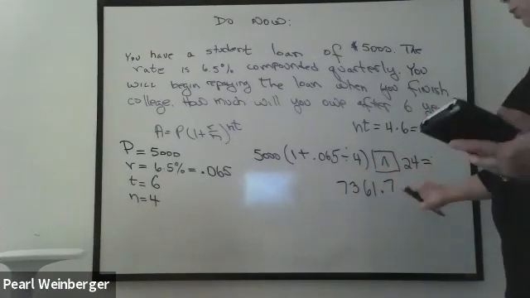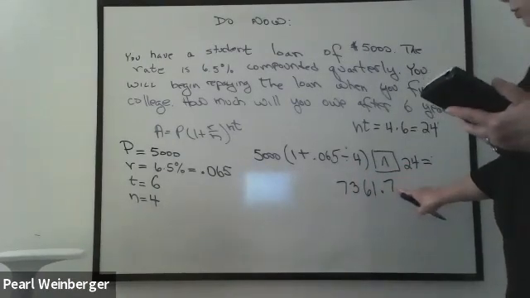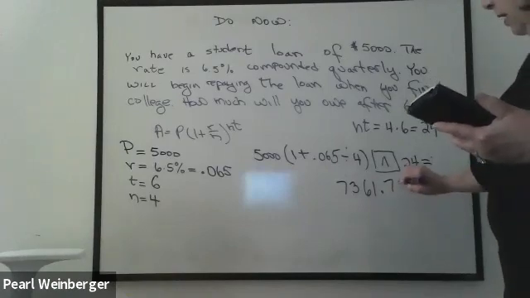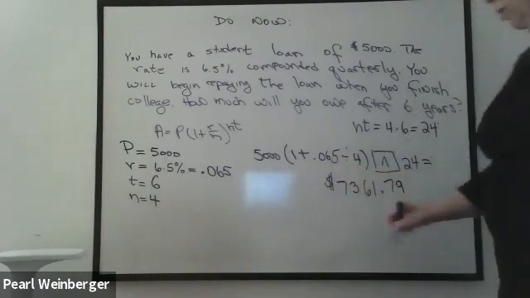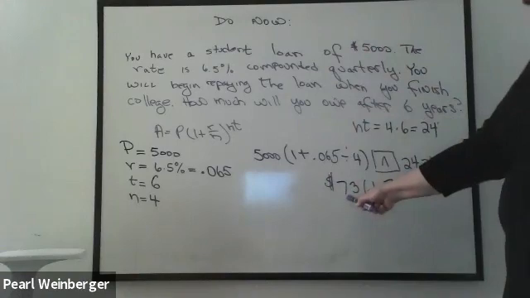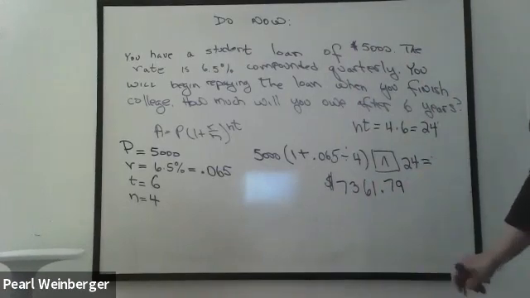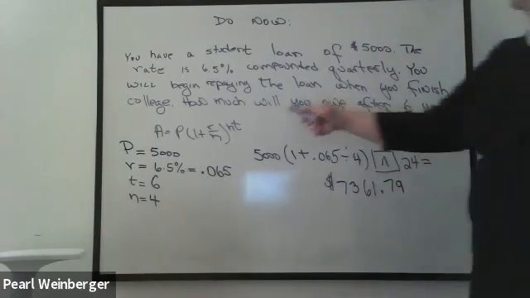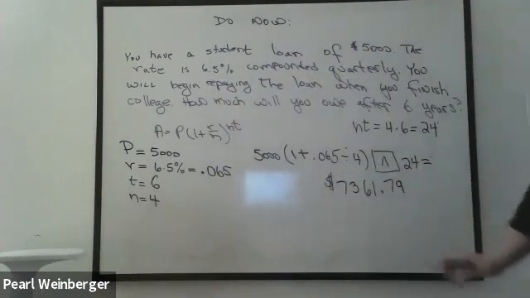Now, I always want to go to two decimal places because this is dollars and cents. So this would be an 8, but the number after that is a 9, so I round this up. So the total number I owe before I start repaying, even though I only borrowed $5,000, I now owe $7,361.79. So this is how we do this type of exponential equation. Again, notice we really needed our calculators to do this.